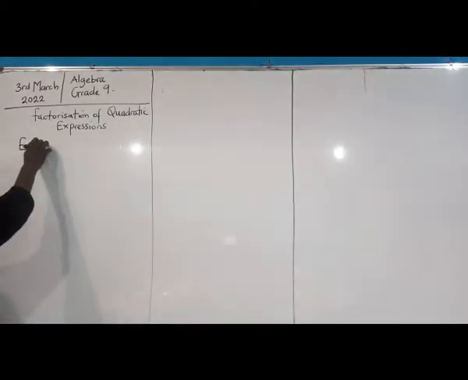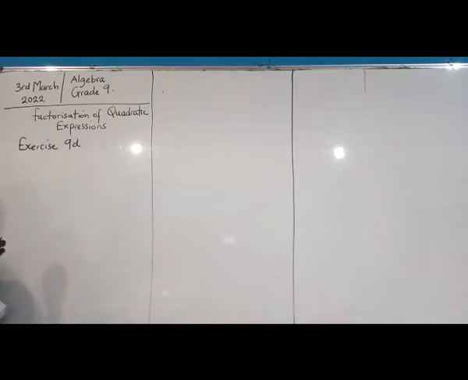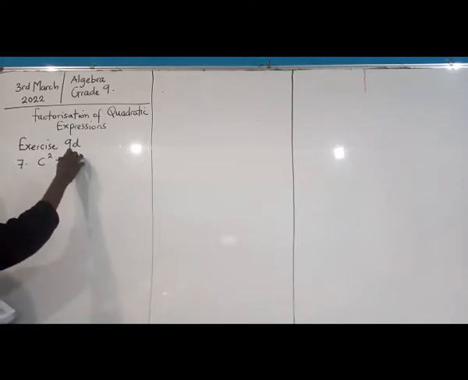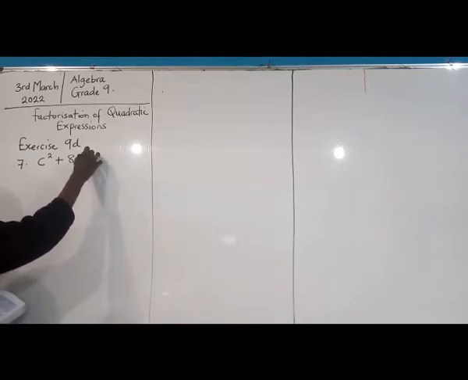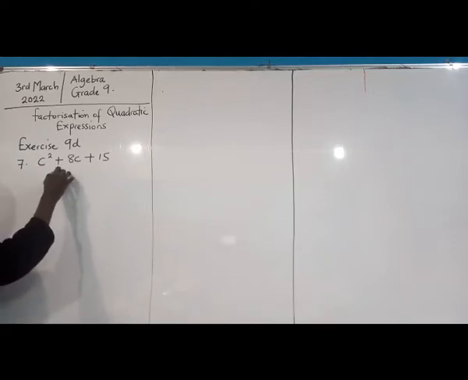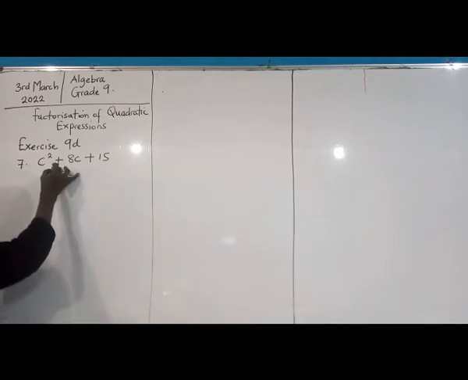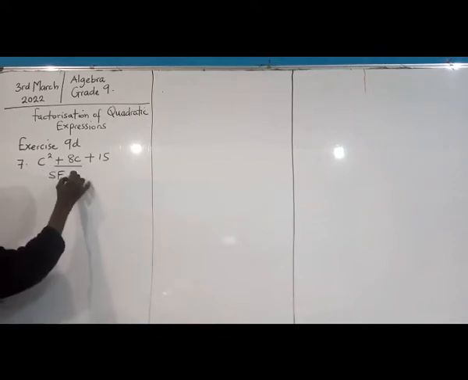Exercise 9D. We'll be looking at question 7 that says c squared plus 8c plus 15. Now, we will go through our technique. Remember that your first point of call is to determine what the sum of factors is, and this is gotten by noting this position, and that's 8c.